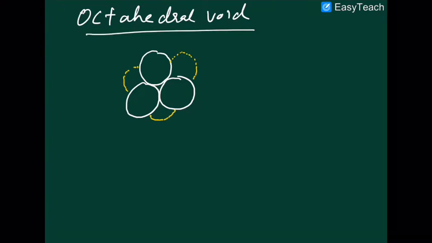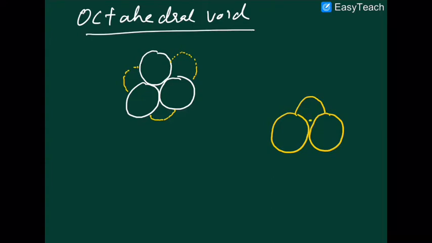One more way you can see it is that there are 2 spheres here and 1 sphere there, so there is a void here.